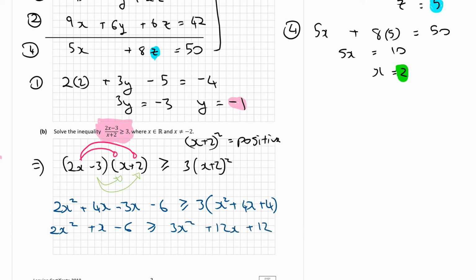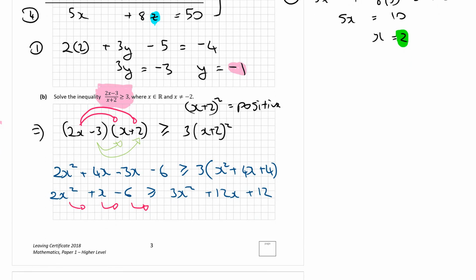Now I bring everything over to one side, and I'm going to do so just to keep the x squared term positive. It's just going to be easier. So essentially I'm just going to bring those terms over to the other side of the inequality, and that will give me 0 is greater than or equal to 3x squared minus 2x squared, which is x squared, 12x minus x, which is 11x, and 12 plus 6, which is 18.